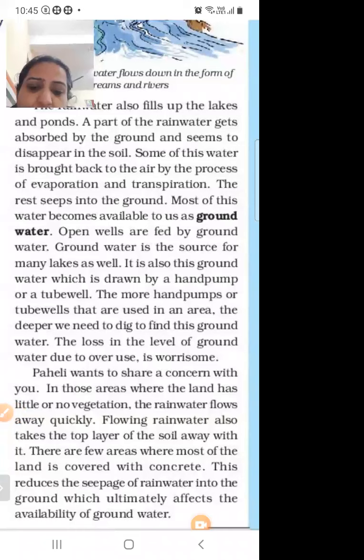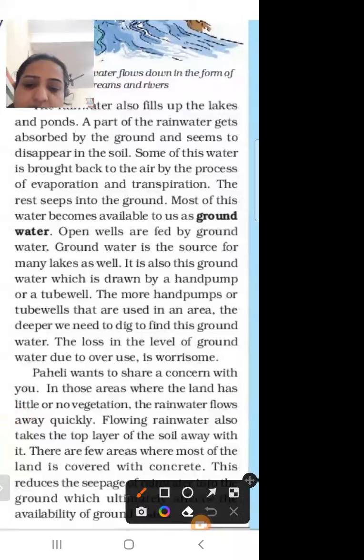Suppose in an area the land is covered with concrete, so because of the concrete, it will not absorb the rainwater.